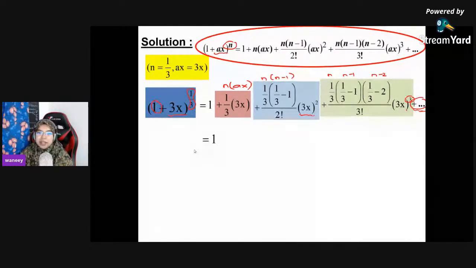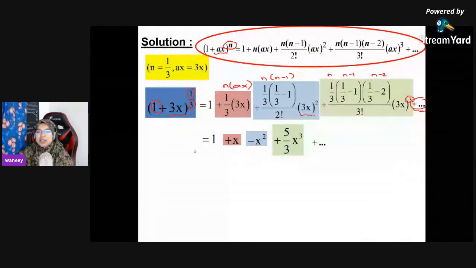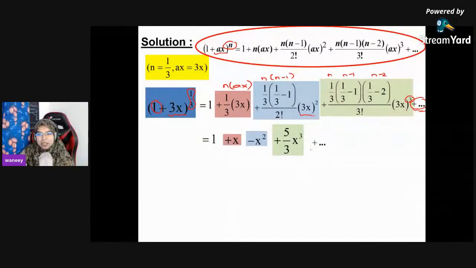Second one, simplify them, you should get x. Simplify the next one, you should get negative x squared. Simplify the next one, that should be 5 over 3 x cubed, and then plus dot dot dot. So again, we keep on writing down plus dot dot dot. Okay, so this is our expansion.